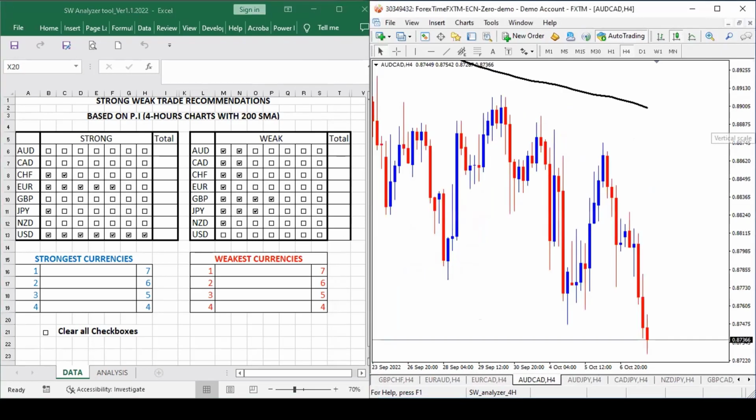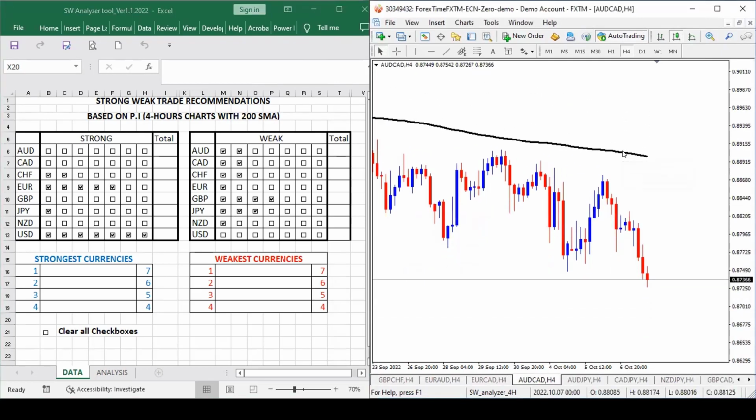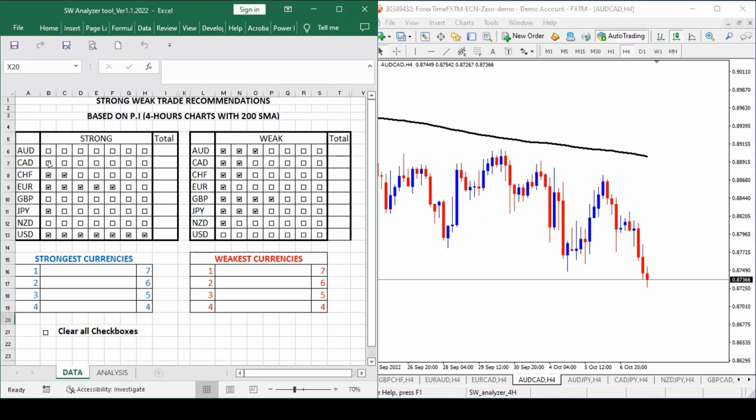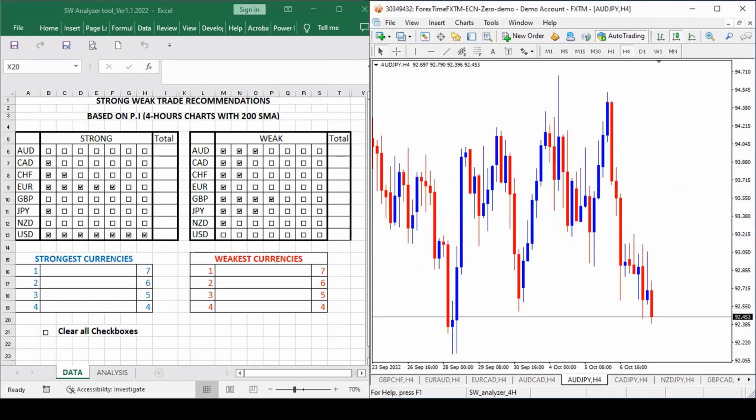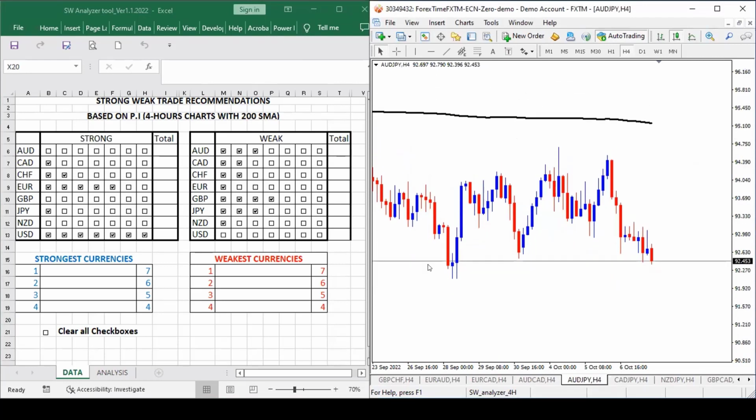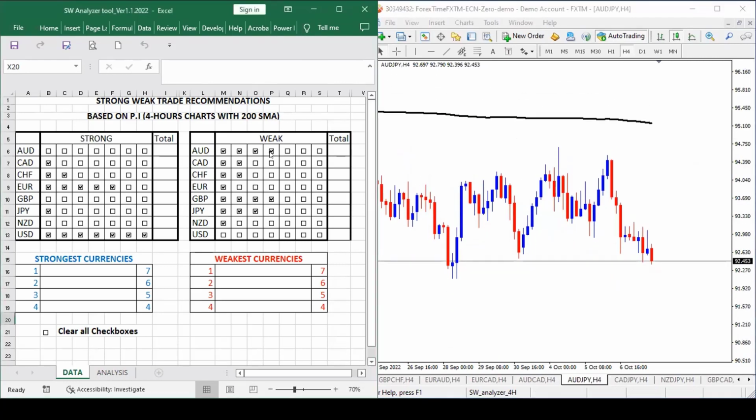AUD CAD is trading below the 200 simple moving average. That means the AUD has a down arrow and the CAD has an up arrow. AUD yen trading below the line. AUD has a down arrow. Yen has an up arrow. CAD JPY.